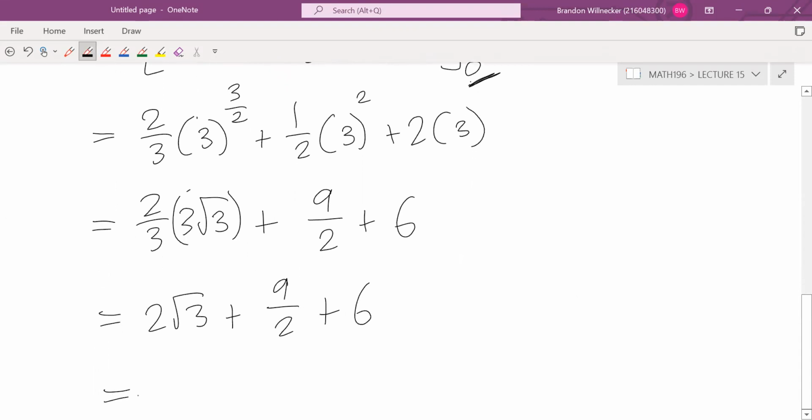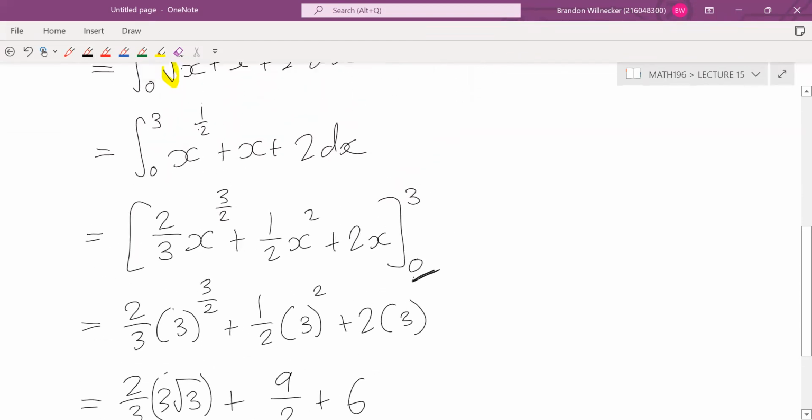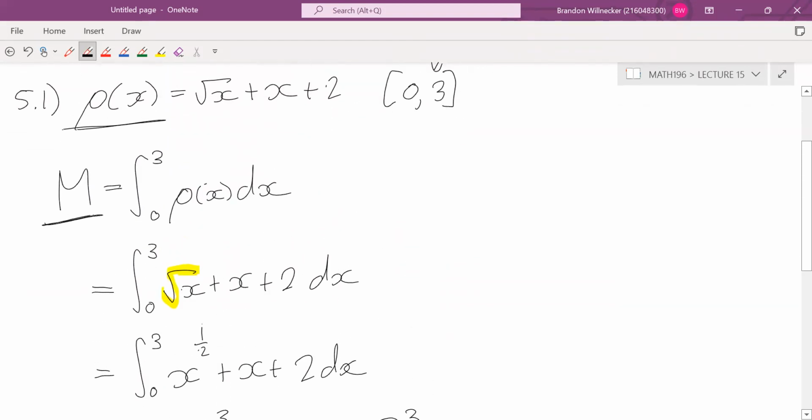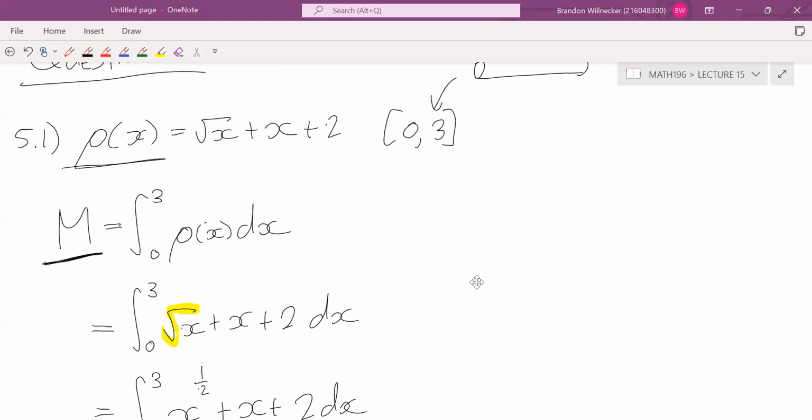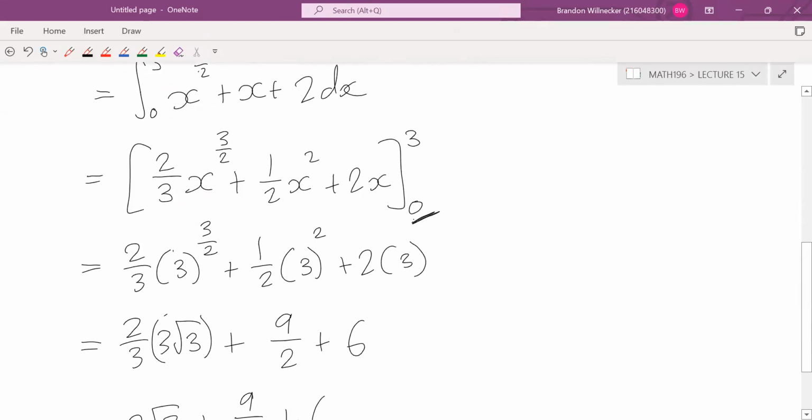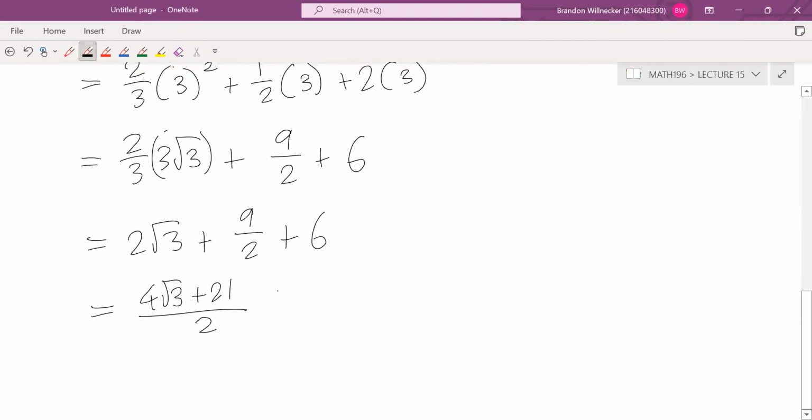If you want to combine all of this together, we get 4 root 3 plus 21/2. And remember, we're being asked to find the mass, so we need to put the units. If the density is given by kilograms per meter, then this is going to be measured in kilograms. So remember your units.